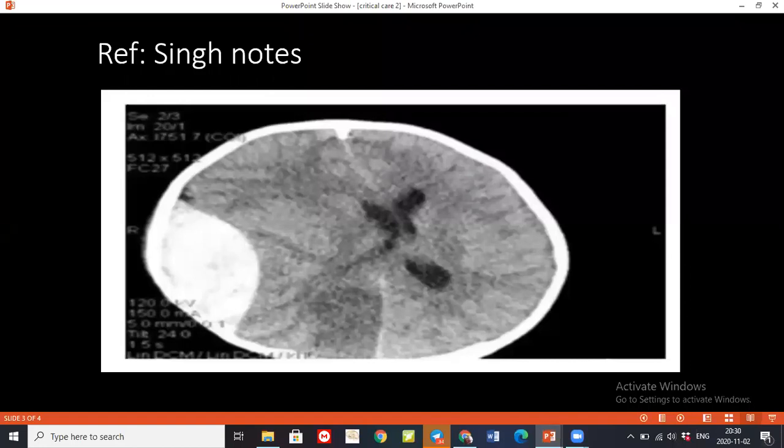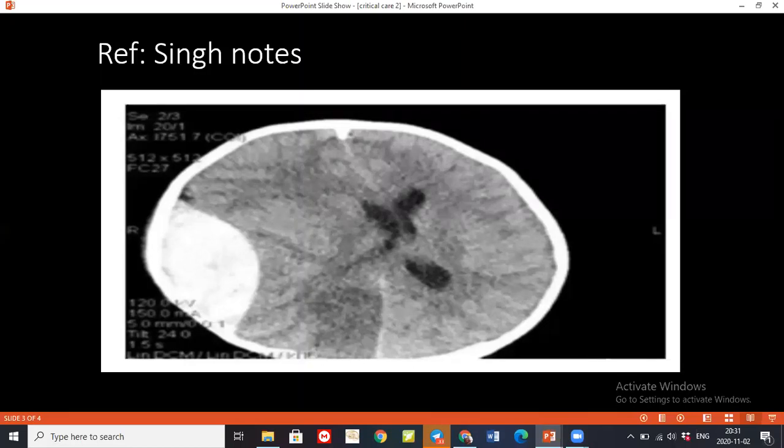Invasive ones are the external ventricular drain, the intraparenchymal probe transducer, and the subdural catheter. Non-invasive ones are such as transcranial Doppler, which measures the middle cerebral artery velocity and derives a pulsatility index that will correlate with the intracranial pressure.